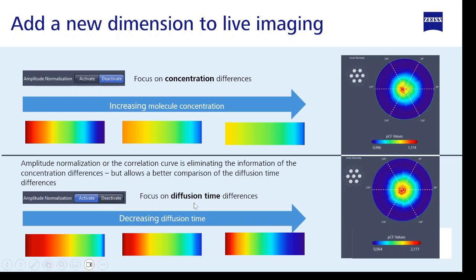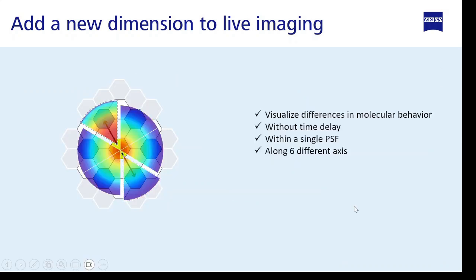If we focus on diffusion speed differences, if a certain axis has more red, it means the molecules at that axis have slower diffusion speed. So in this method, we can visualize the differences in molecular behavior without time delay within one single PSF along 6 different axes.